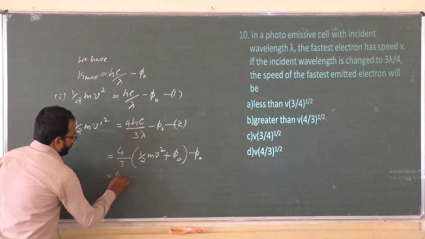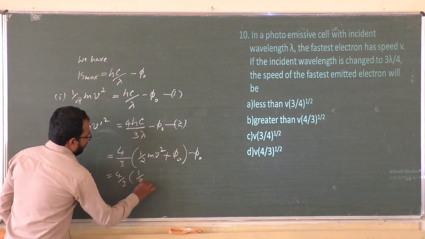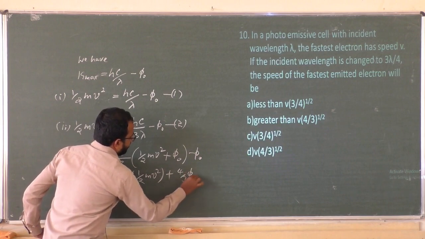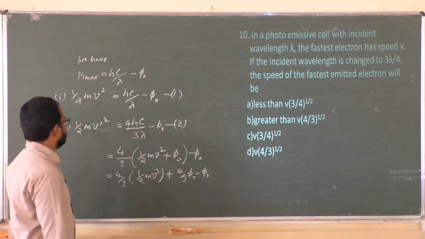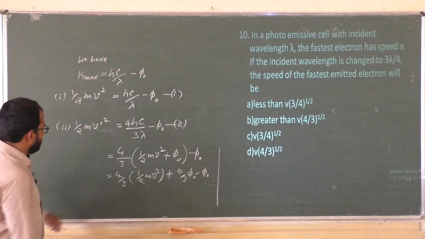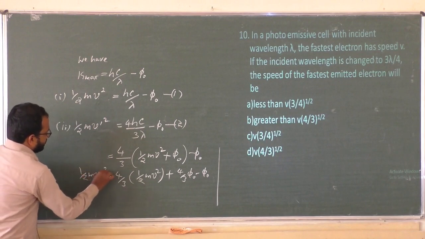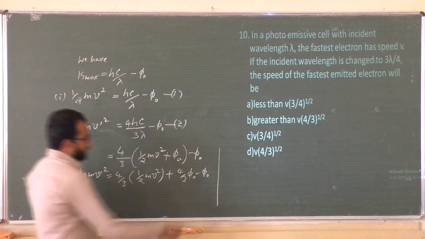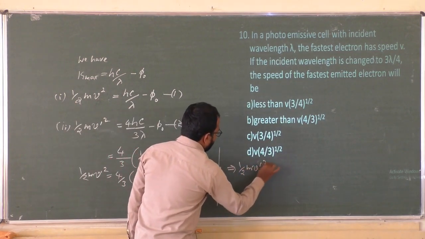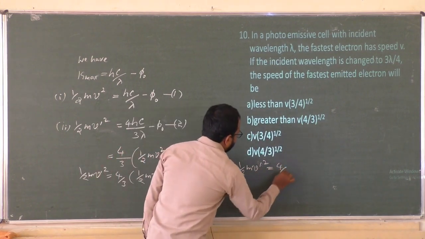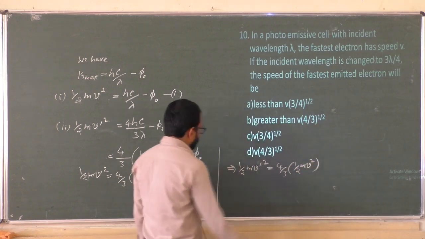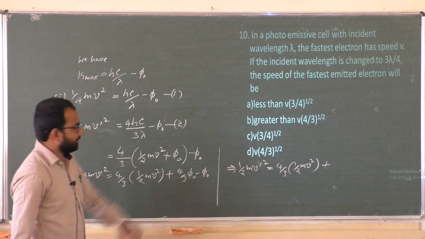So this is equal to 4 by 3 half m v square plus 4 by 3 phi naught minus phi naught. See, half m v dash square is equal to this much. If I simplify, half m v dash square is equal to 4 by 3 half m v square plus 4 by 3 phi naught minus phi naught.